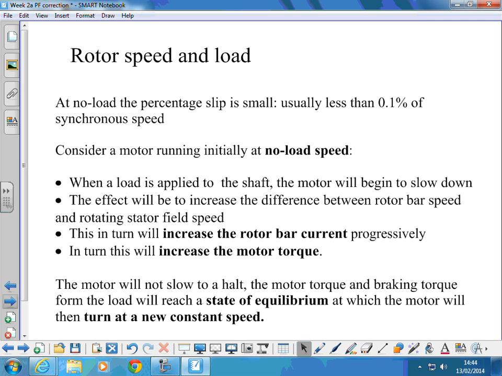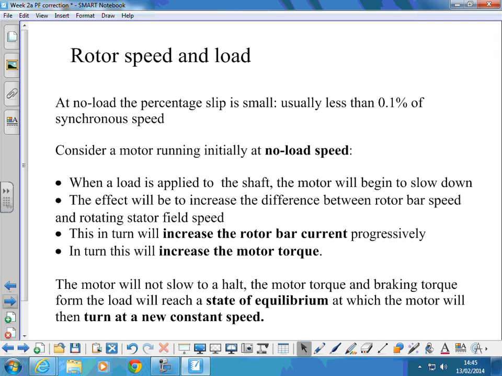So it's self-regulating in a way, but it will increase up to a slightly slower speed than it was because of the braking force or torque being applied by the extra load you just put on it. So when I say that's a relatively constant speed motor, it's constant at a given load.